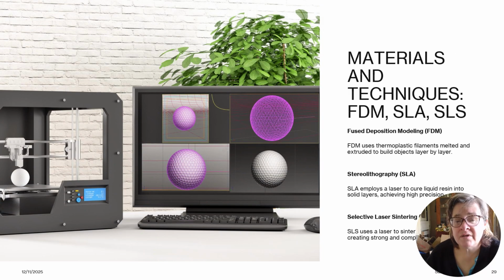Common 3D printers include fused deposition modeling, or FDM, stereolithography, or SLA, and selective laser sintering, SLS, each using different materials and processes.